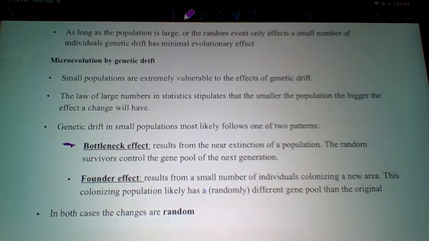The bottleneck effect is when a population is limited in its ability to reproduce. So we have a large population, but only some of those individuals are able to reproduce. Or the founder effect, where we have one population that is reproducing, and then a portion of that population leaves to some other location and continues to reproduce, but its composition will be different from the original population. Both are based in random chance.